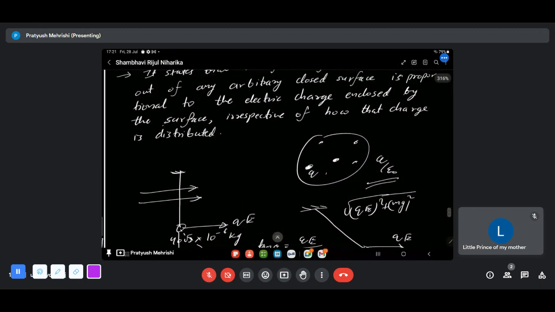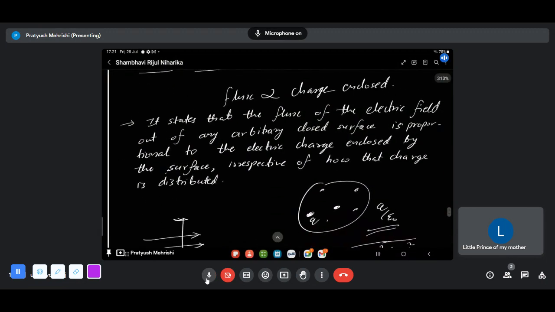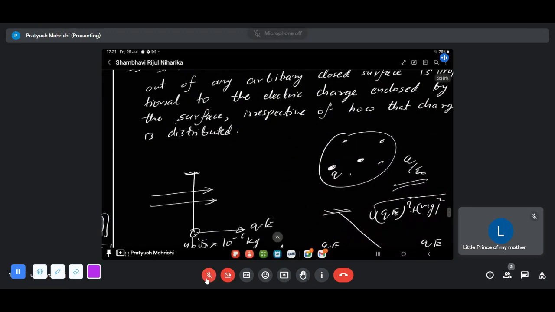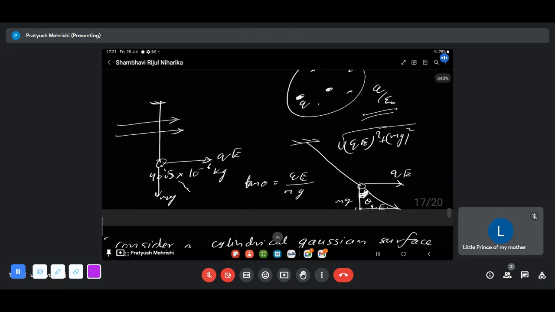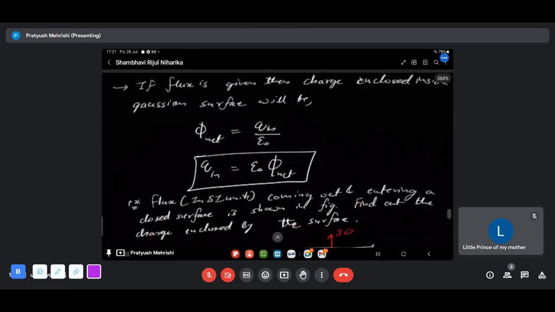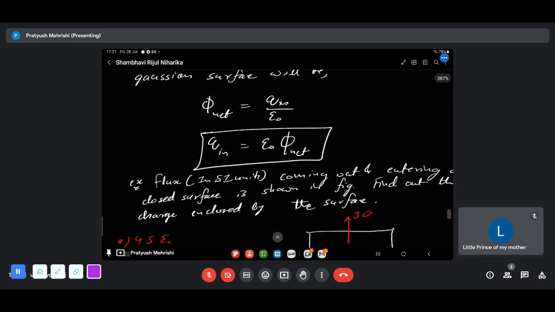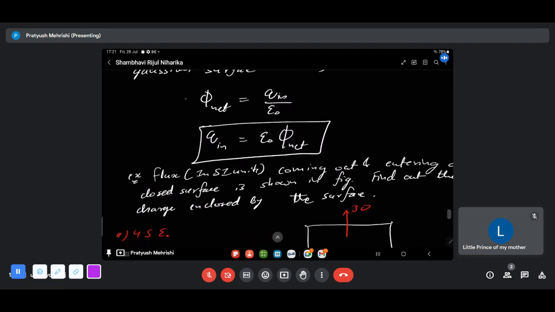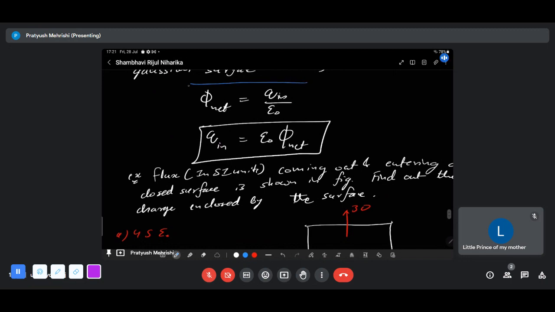Charge is directly proportional to flux, or we can say flux is directly proportional to charge. The law states that flux is equal to charge enclosed divided by epsilon naught. Epsilon naught is the permittivity of free space. This is Gauss law.